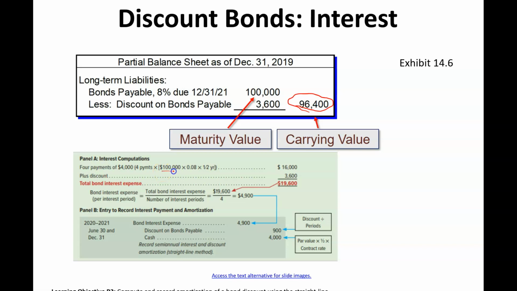Take the $100,000 times the 8% times half a year, or 0.5, and multiply that by 4, and you get $16,000. We will pay them a total of $16,000 in interest.